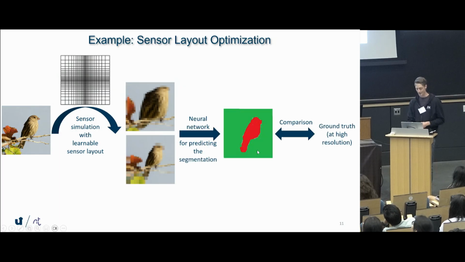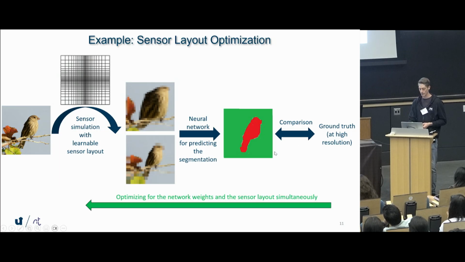And then I'm taking my favorite neural network, making, say, a semantic segmentation prediction on this, comparing it to the ground truth, and then not only optimize for network parameters here, but also in a differentiable way for the resolution parameters here.